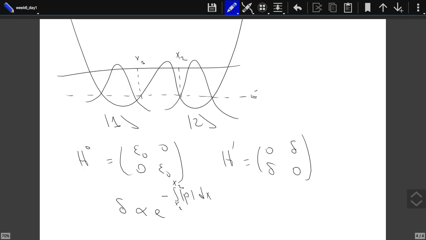This is the tunneling probability, which will be proportional to your delta. And once you turn on the tunneling, as in this third question, then you don't have any degeneracies left. In quantum mechanics, the ground state will not be degenerate.